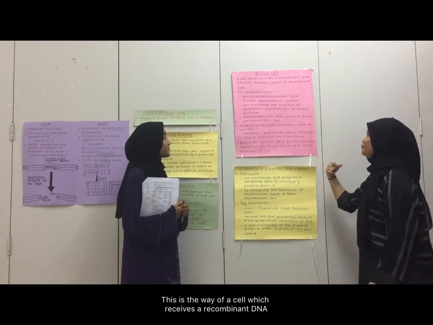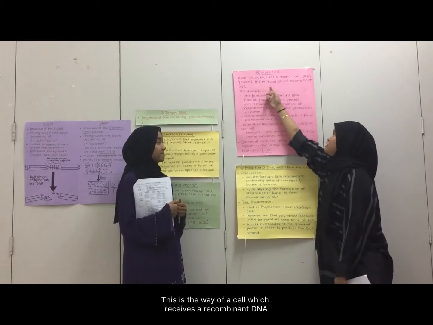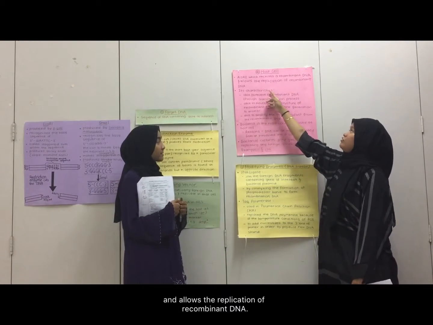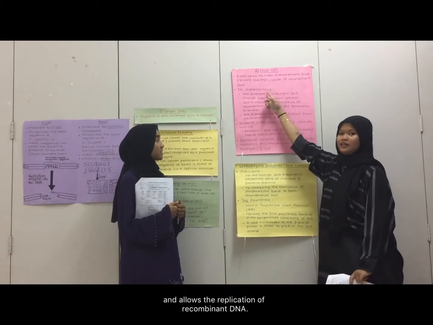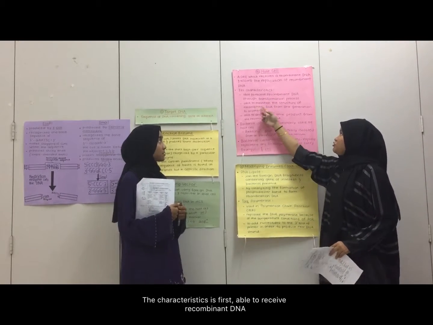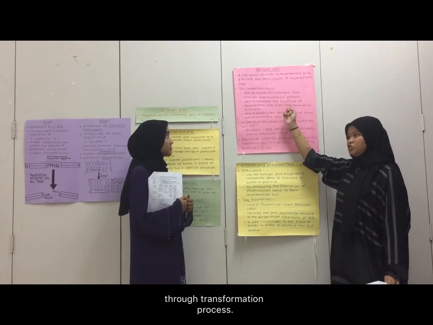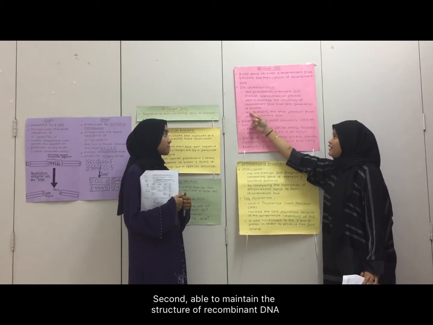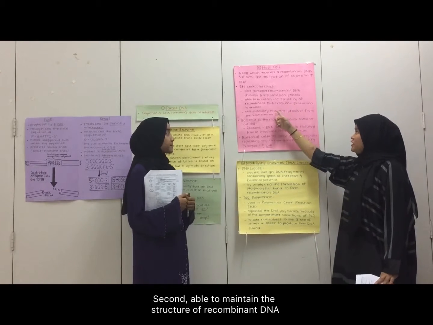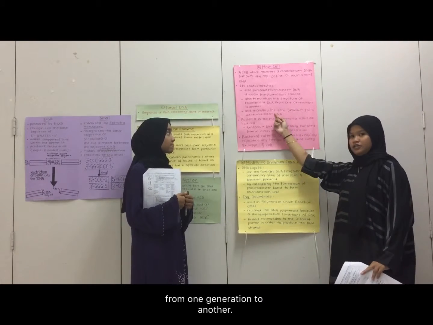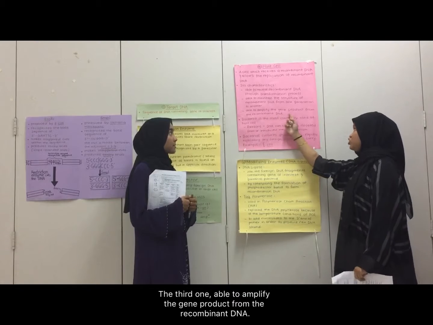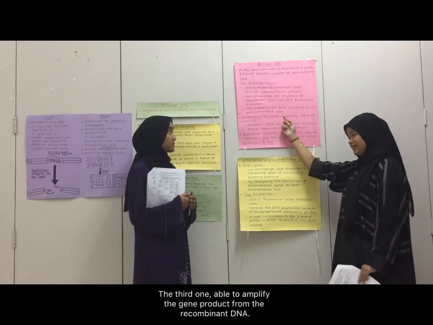In order to replicate, the DNA vector that carries the target gene is introduced into the host cell. So, this is another meaning of it: a cell which receives a recombinant DNA and allows the replication of recombinant DNA, and the gene products from your recombinant DNA.